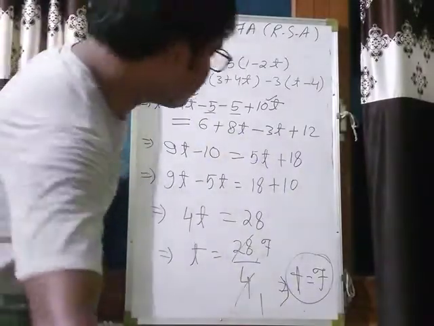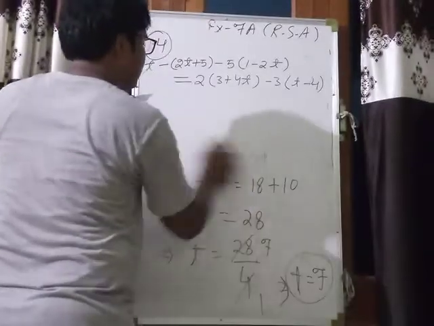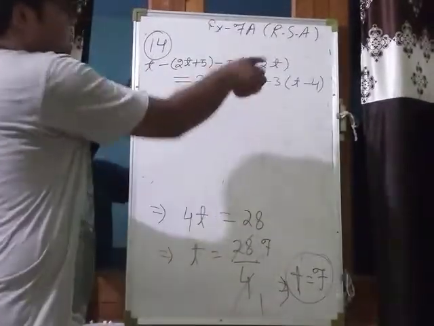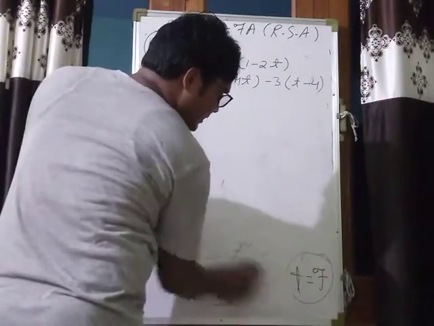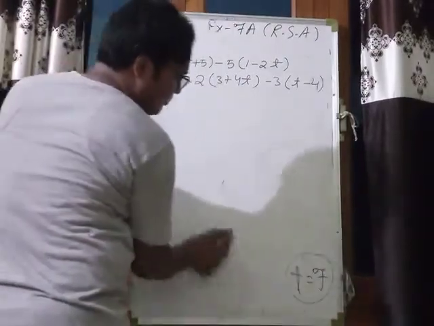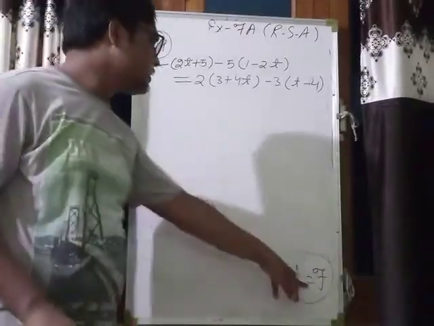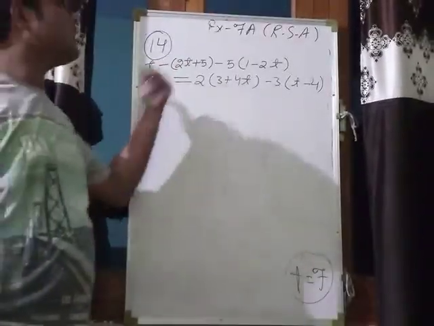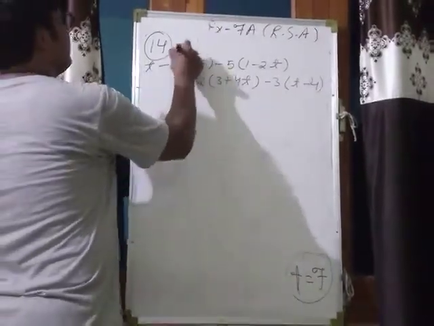See, our equation is this. This is our equation, and our answer is t is equal to 7. Okay, so put the value of t is equal to 7 to the left and right and check that our answer is correct or not.